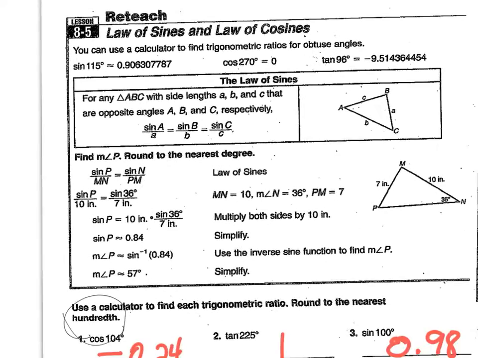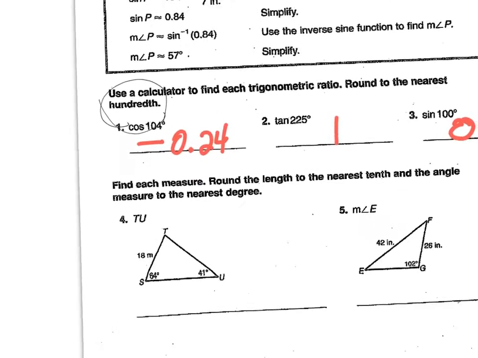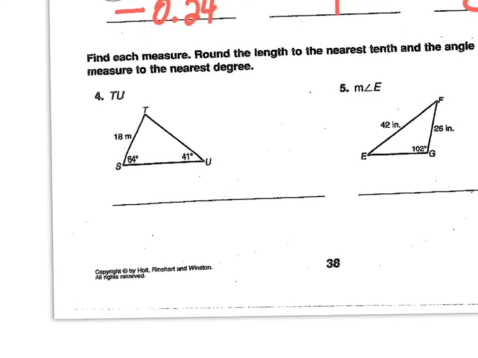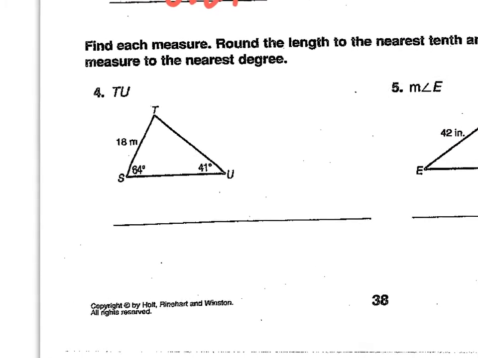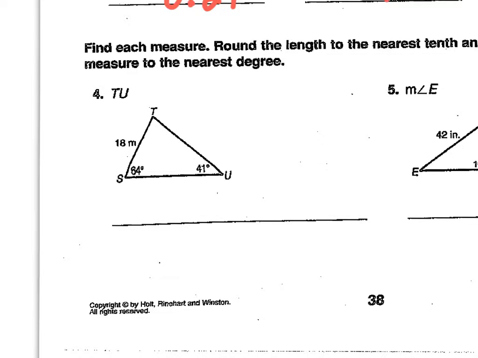Let's do that with example number 1, which is problem number 4 in this section. It says find each measure. Here they want us to find the side TU.